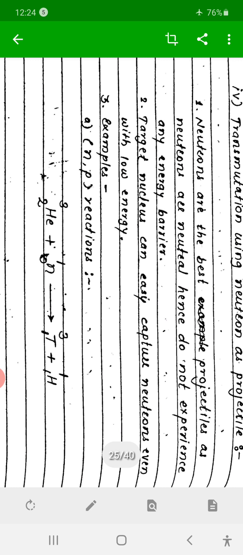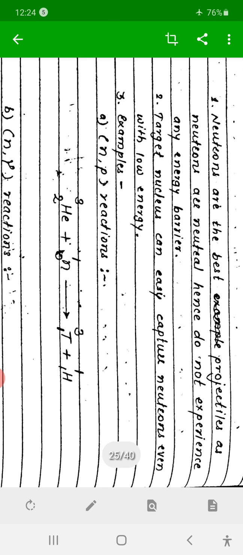Why? Because neutrons are neutral, hence have no charge, and hence do not experience any energy barrier, no barrier potential for their bombardment on the target nucleus.